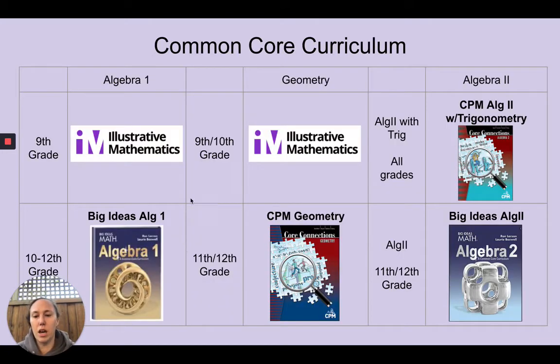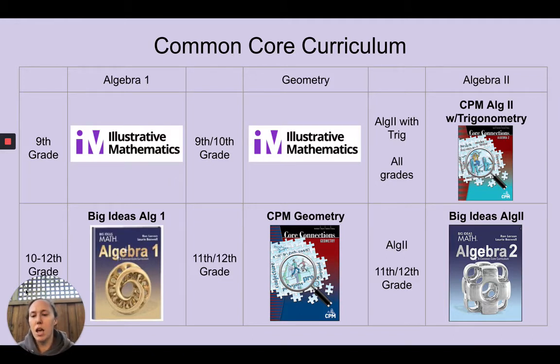So quickly, I want to go over what curriculum we use for each of our courses. In Algebra 1, we have two different types of Algebra 1 classes. One for 9th graders that uses the Illustrative Mathematics curriculum, and that has a focus on linear, quadratic, and exponential relationships.